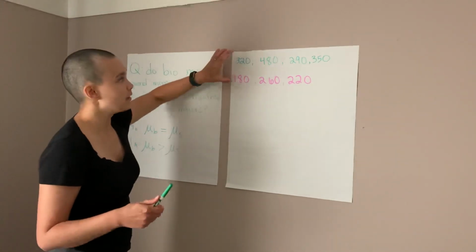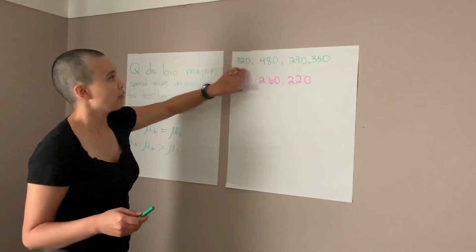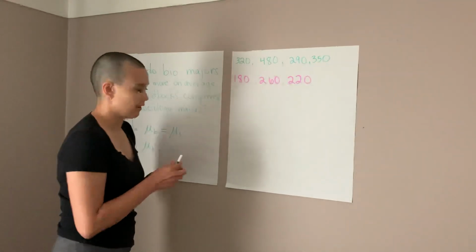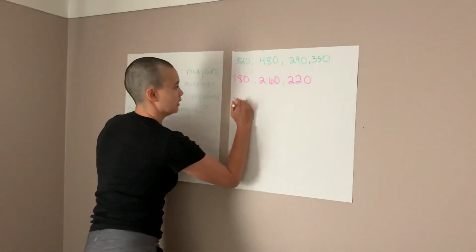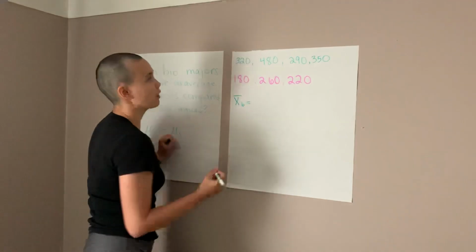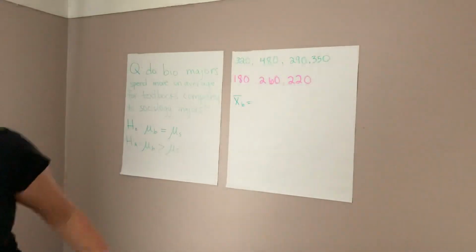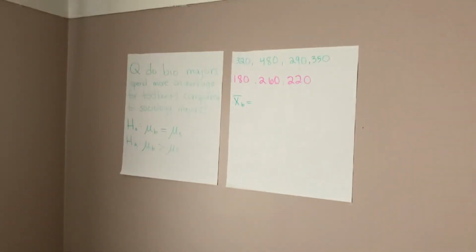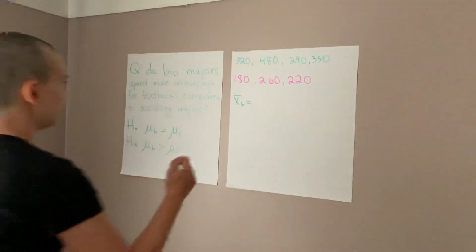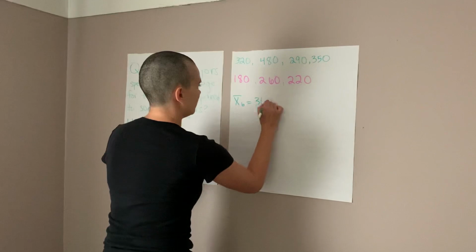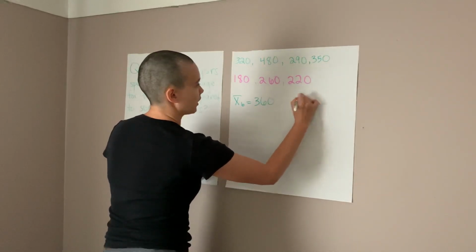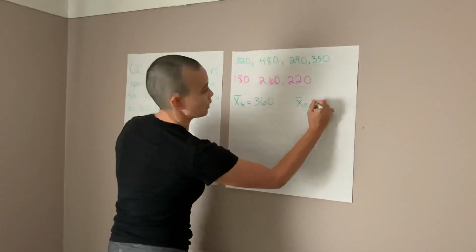So this is our original data, and if we crunch these numbers to find the average, the X bar for the biology group is $360, and X bar for the sociology group is $220.